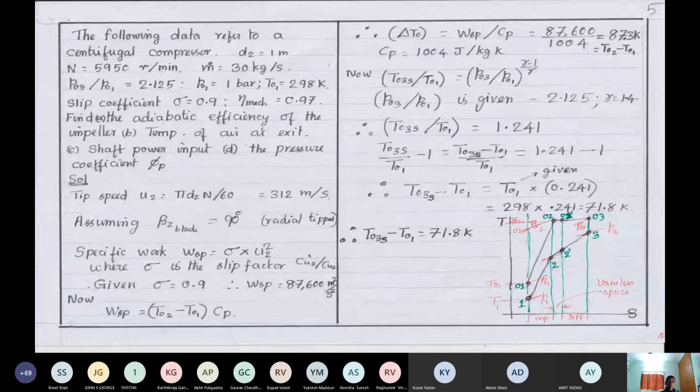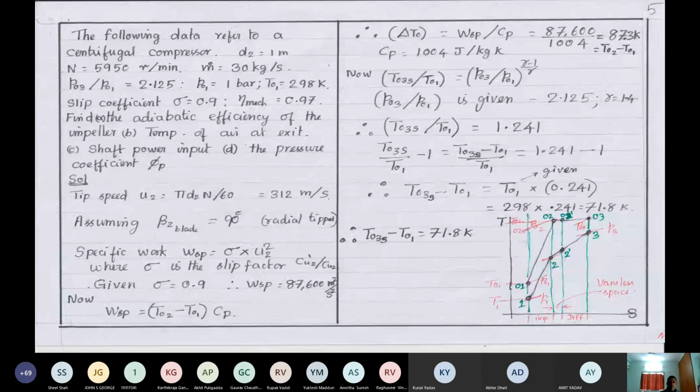But in the actual one, the relative velocity will not follow the blade, but it will slip back. So finally you lose some amount of work component. Some amount of work is not available to us, so you are not able to get as much work as possible.